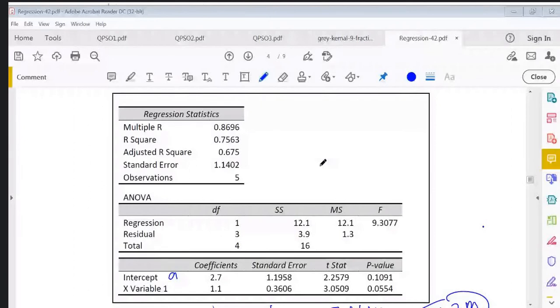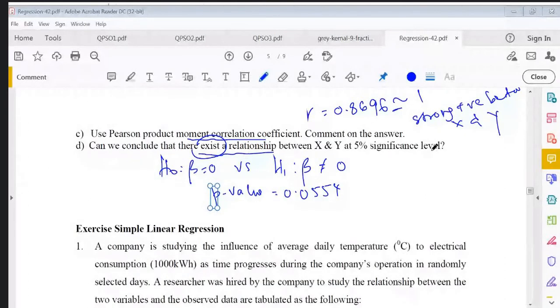Do we divide alpha by 2 or not? For this question, alpha must be divided by 2, so it is 0.025.